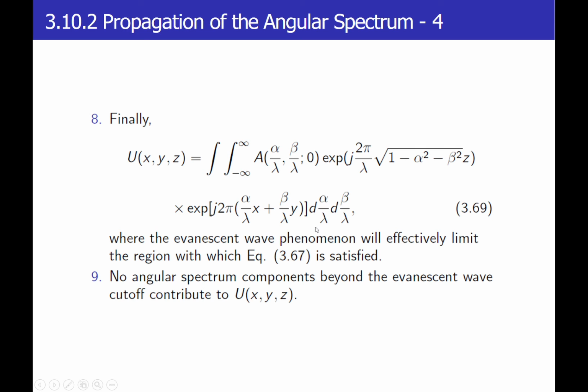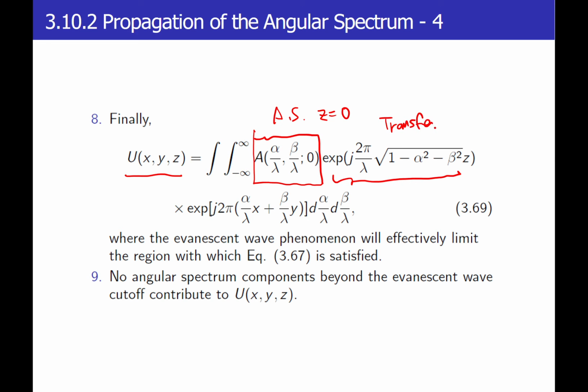So once we know the angular spectrum at z equal to 0, then everything is solved with this transfer function and a routine two-dimensional Fourier transformation.